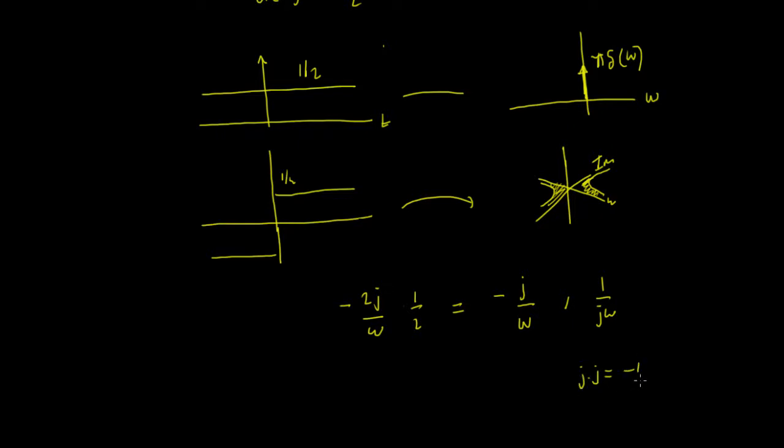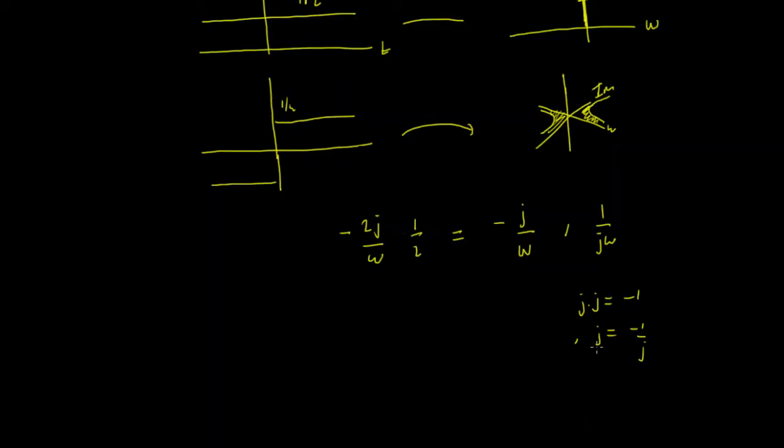So you can say that j equals minus 1 upon j, which is equivalent to saying that minus j equals 1 upon j. I'll rub that out so that it doesn't mess it up. Okay, so that's us nearly there.